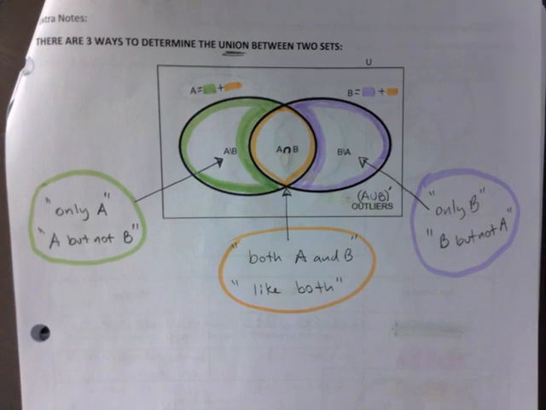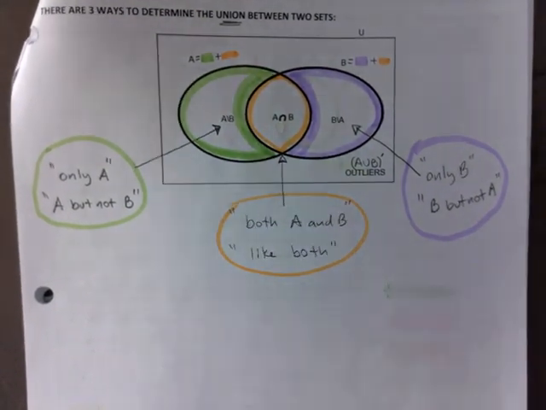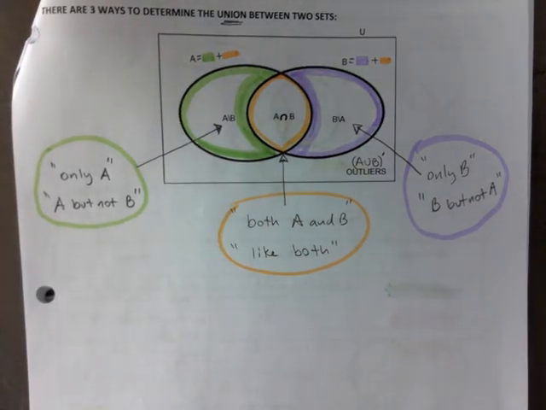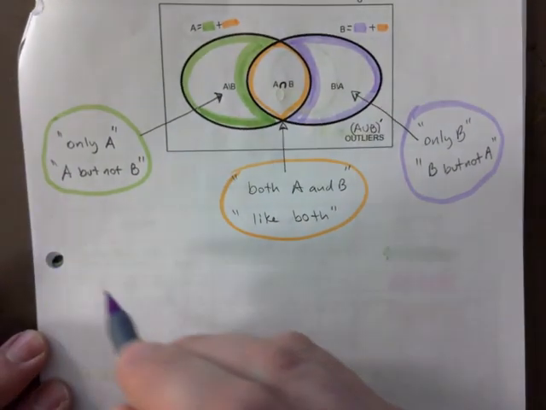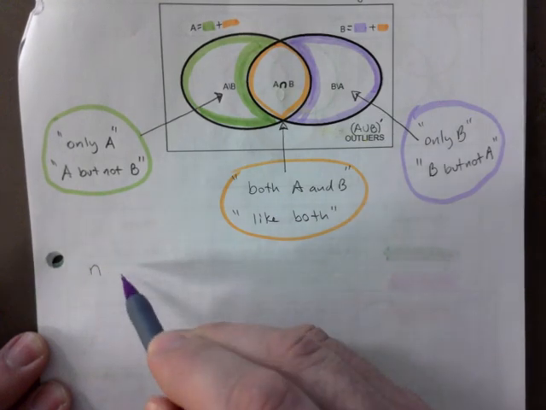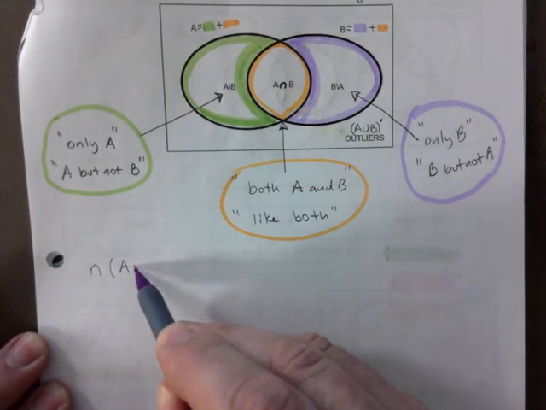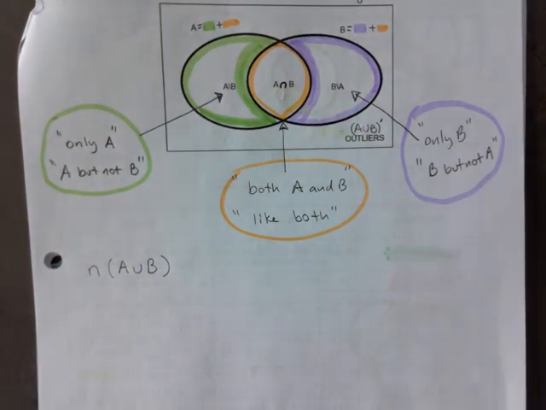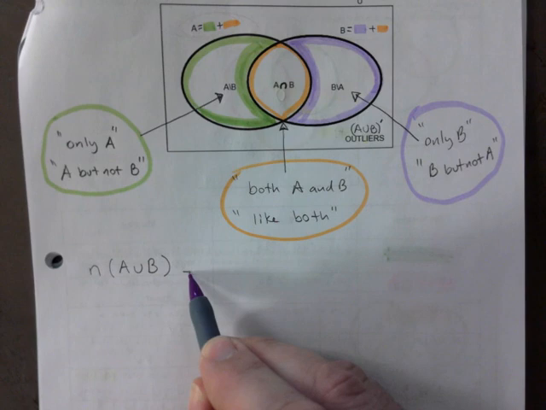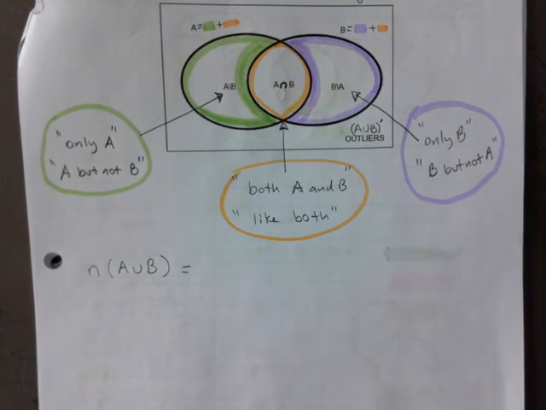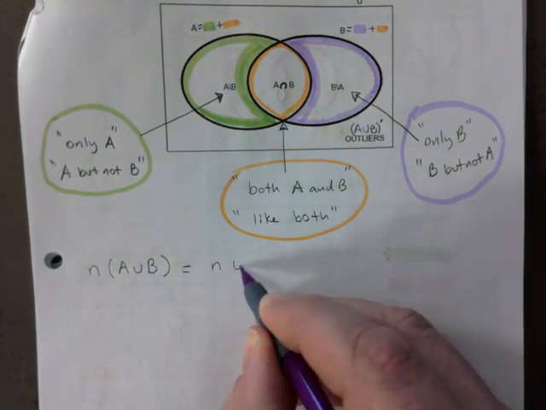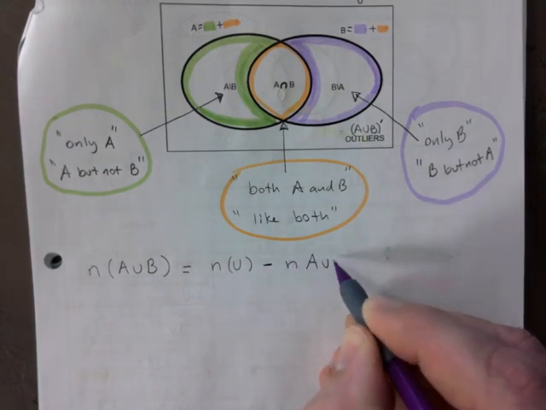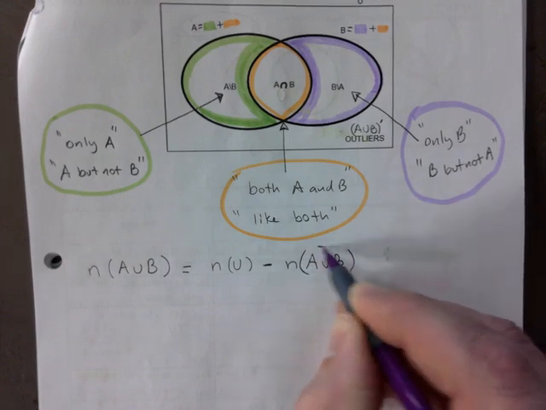So let me give you various ways, basically variations of the formula here. Watch this. If you wanted to know the number of elements that are in the union of the two sets, probably the easiest way is you take your universal and subtract A union B bar.